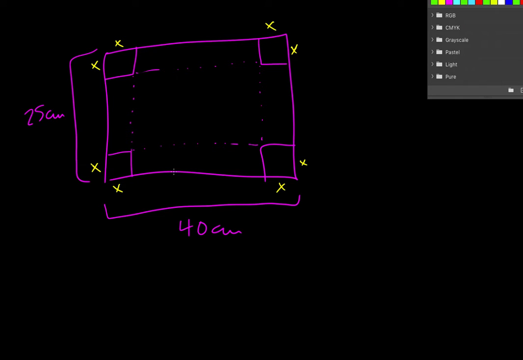And so the length right from here to here is going to be 40 minus 2x. Because if we went all the way across, it's 40, but then we take out an x and take out another x. Similar thinking, the width is going to be 25 minus 2x. And then our height is just going to be one of these squares because when we fold it up, our height is x.